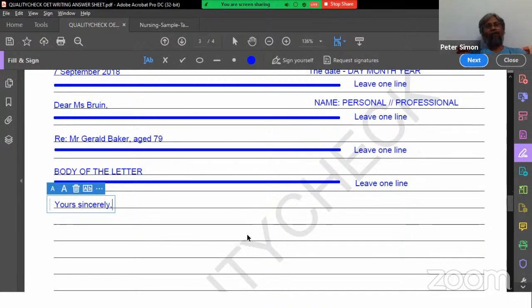If the personal name is not there, and the professional name is there, then what are we supposed to write? Then write Yours faithfully. If the name of the person is given, write sincerely. And if the name of the person is not given, then write Yours faithfully. Next.